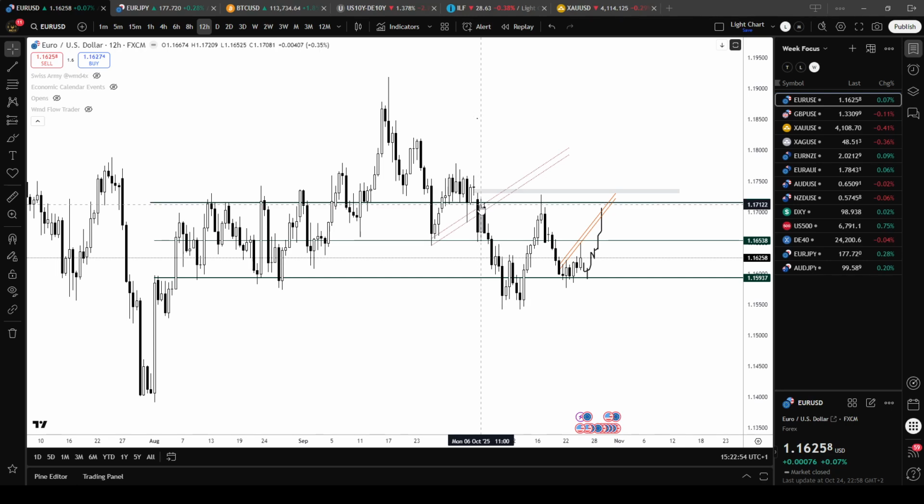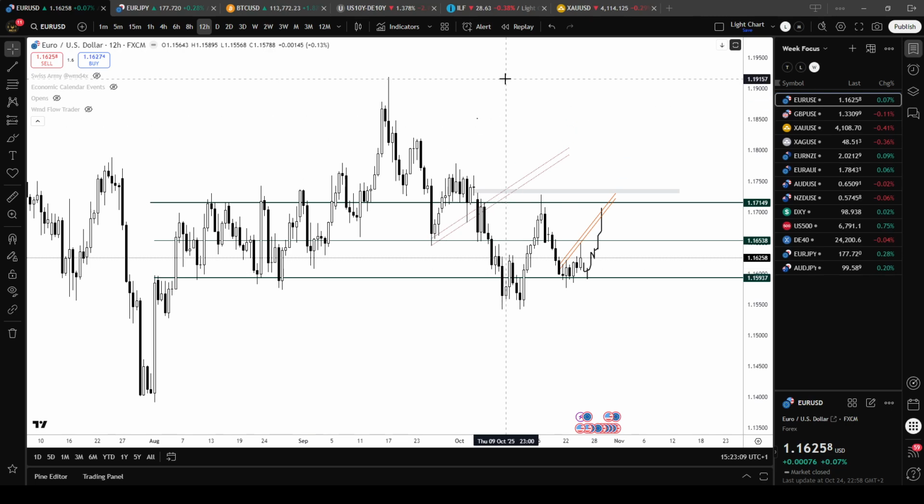And price found acceptance inside the range, so it was very reasonable to think that price needed to go to the lower bound of the range since that happened.